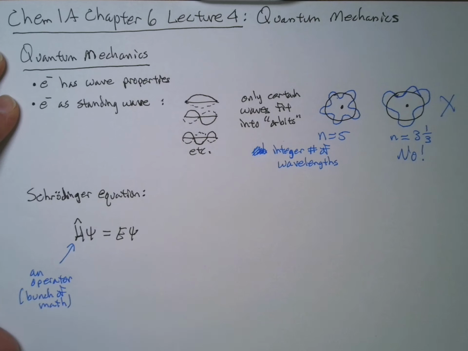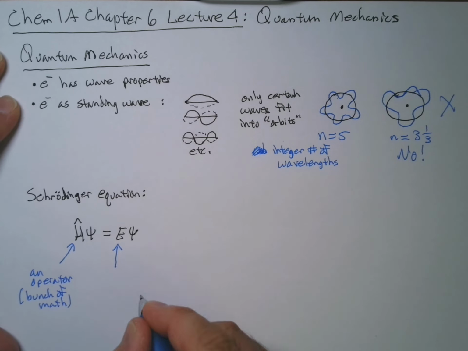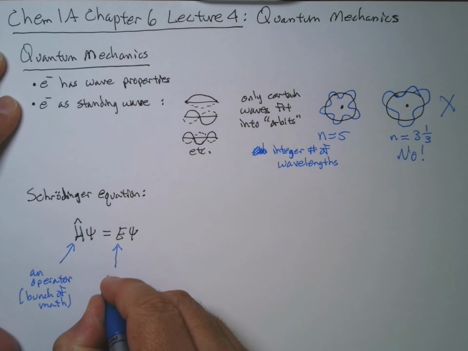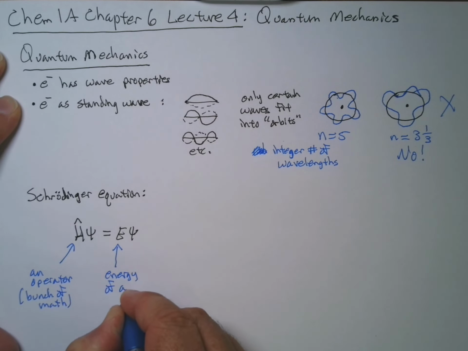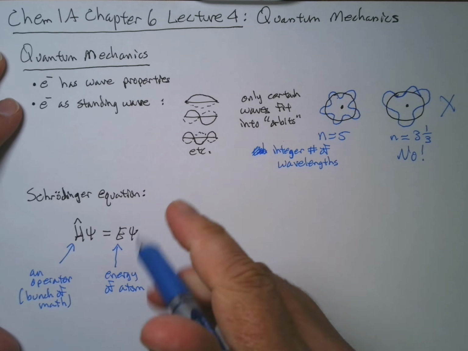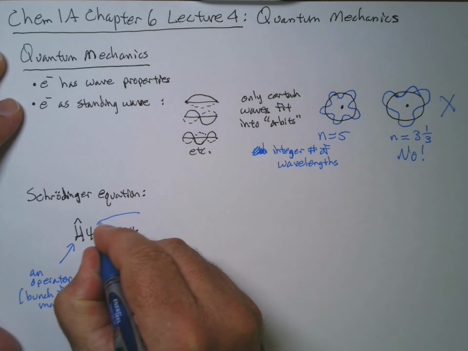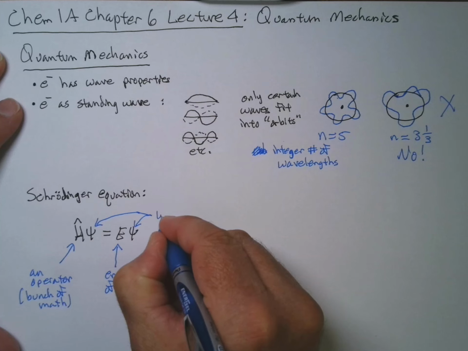E is the total energy of the atom. And this includes the potential energy of the proton-electron attraction and the kinetic energy of the electron. And then psi is the wave function.